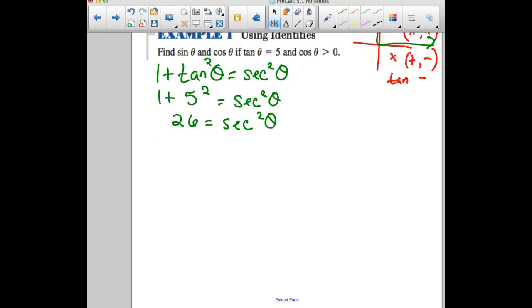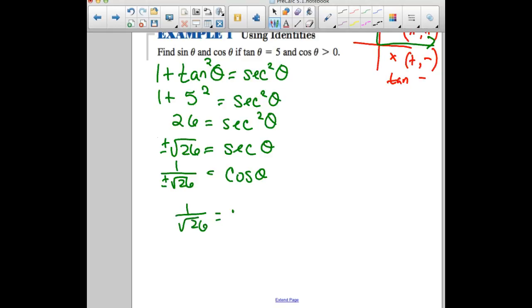If we square root, we would get plus or minus the square root of 26 equals secant of our angle. And then we need to do its reciprocal to get cosine. But cosine it said had to be positive. So I'm going to ignore that negative and say we just have 1 over the square root of 26 as the cosine of our angle.